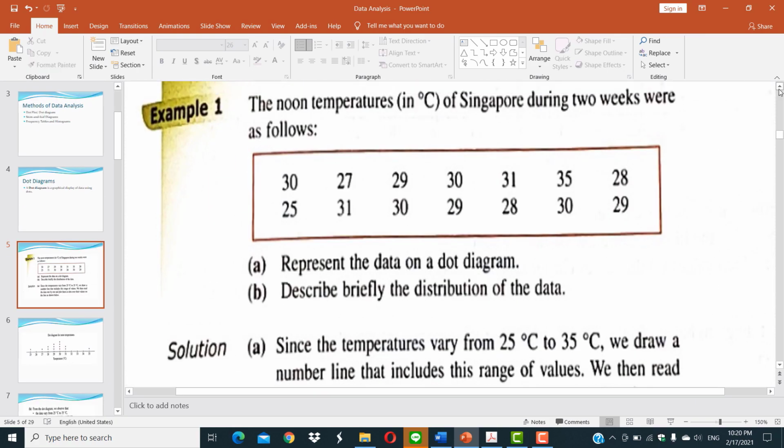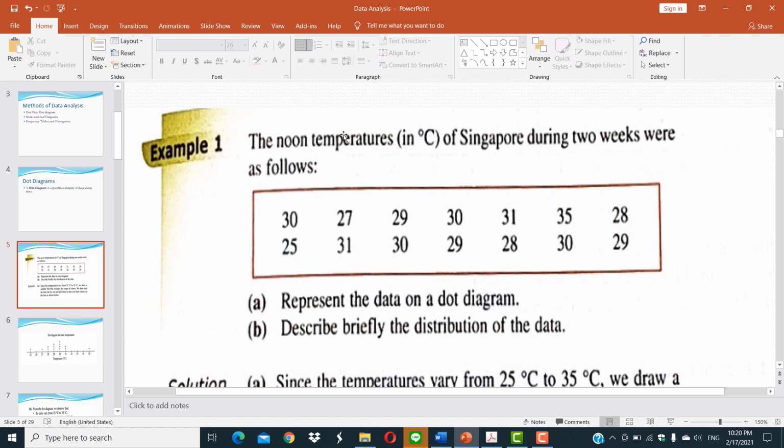In this example, the noon temperatures in degrees centigrade of Singapore during 2 weeks are as follows.